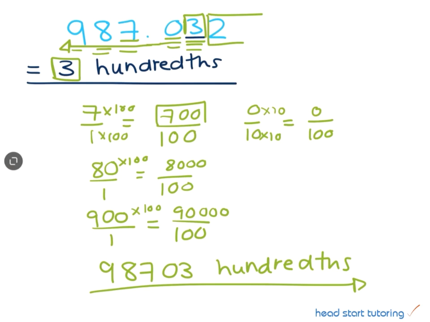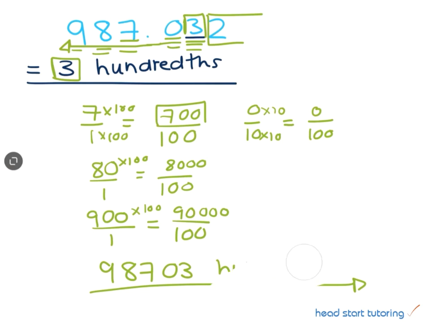It is the second column after the decimal point, which is our hundredths column. Right, or it's 3 over 100, however you would like to think about it. But how many hundredths are there in this entire number? There are many more. We have got 98,703 hundredths in this number.